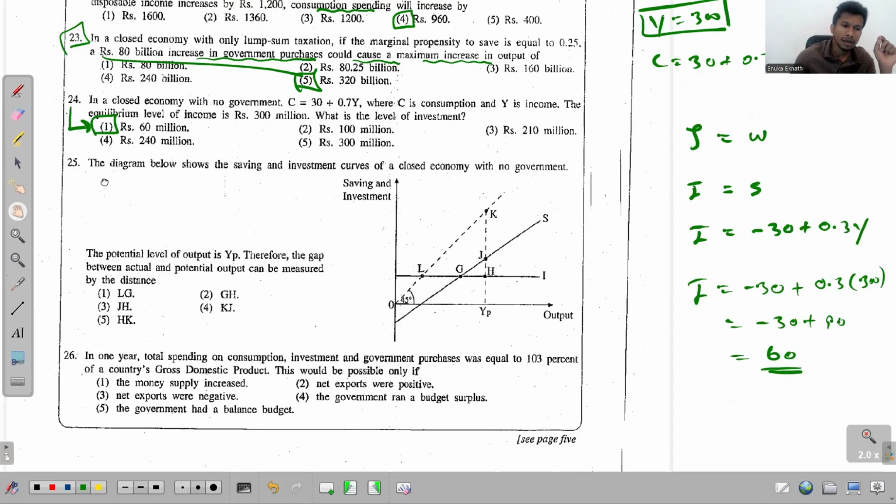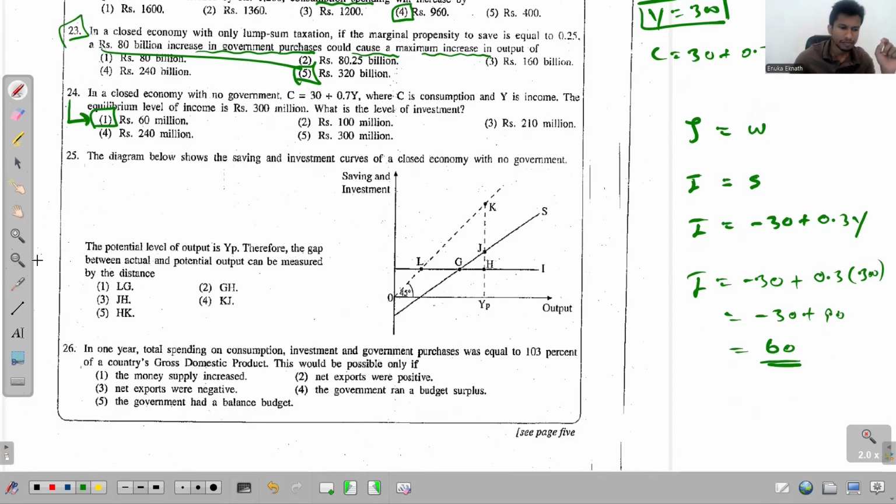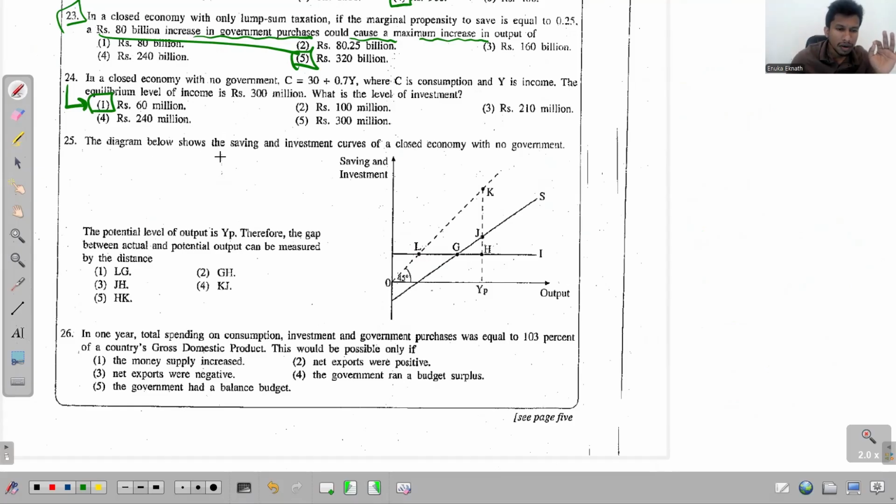Right, now look at this question 25. The diagram below shows the savings and investment curves of a closed economy with no government. Once again, it's a simple economy. And the potential level of output is YP, which means the full employment level of output is YP.